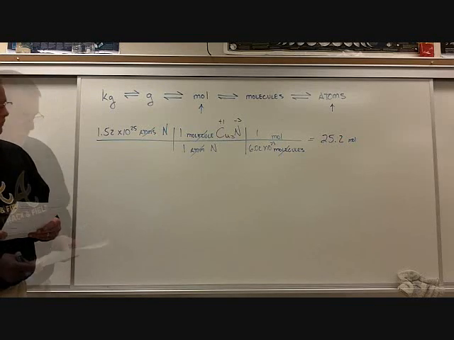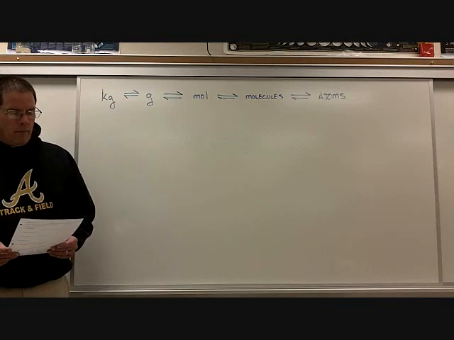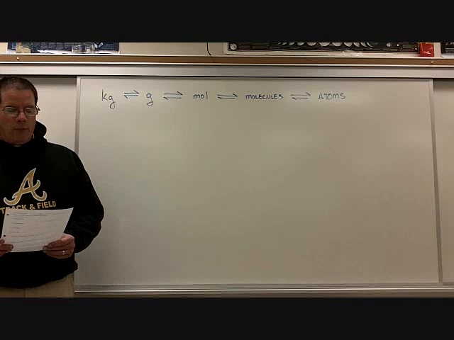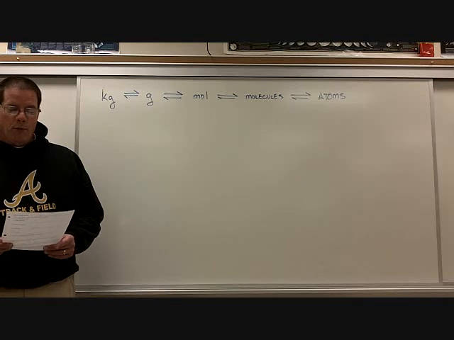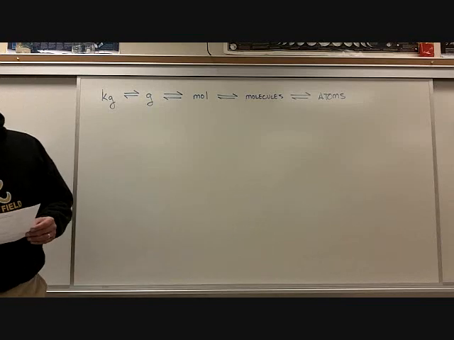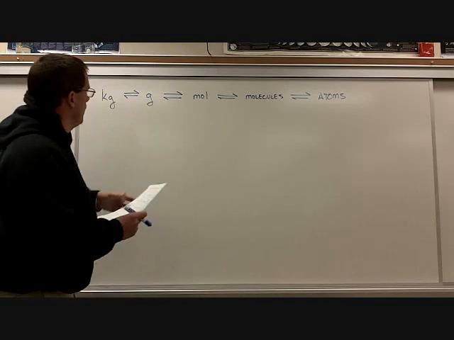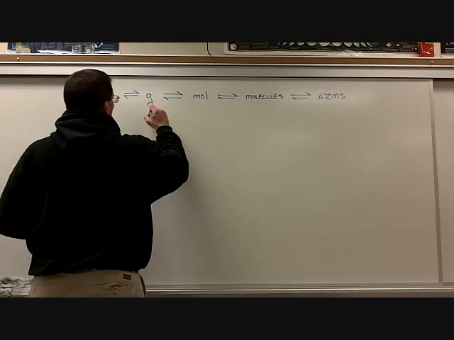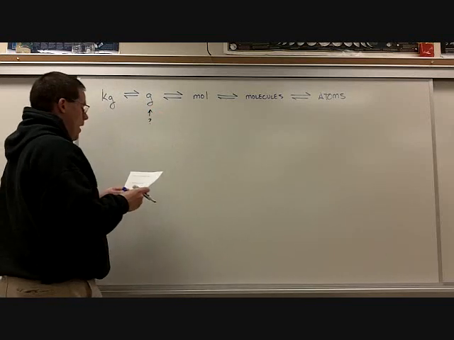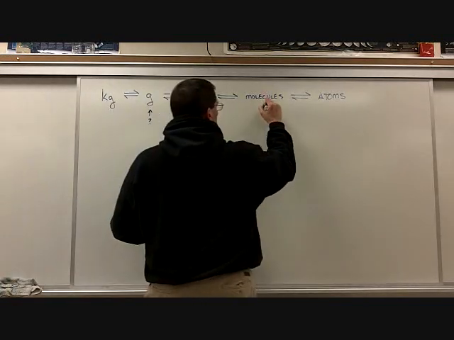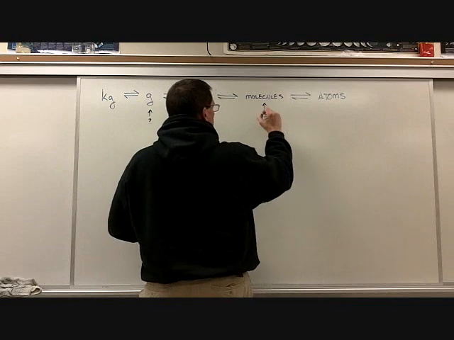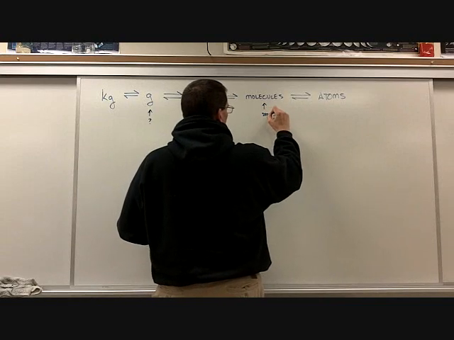Number 9. Calculate the mass in grams for 3.33 times 10 to the 28 molecules of chromium 3 iodate. Okay, so it wants us to calculate the number of grams, so we're going to go here, and it gave us molecules. So we started there. Okay.